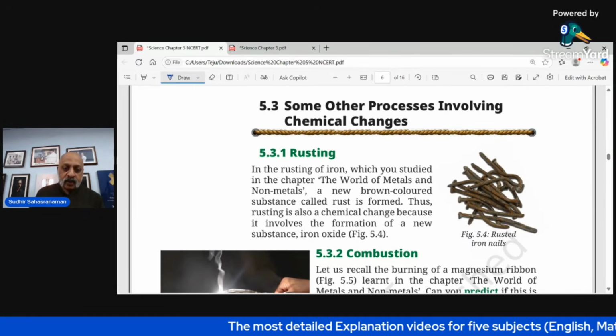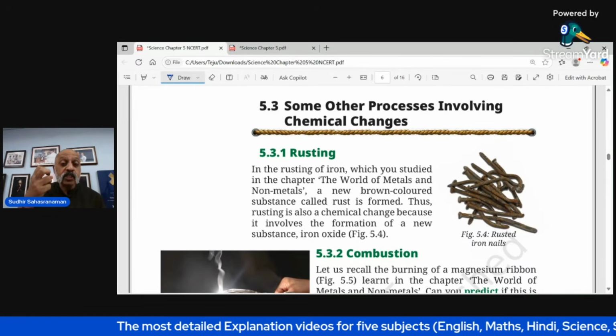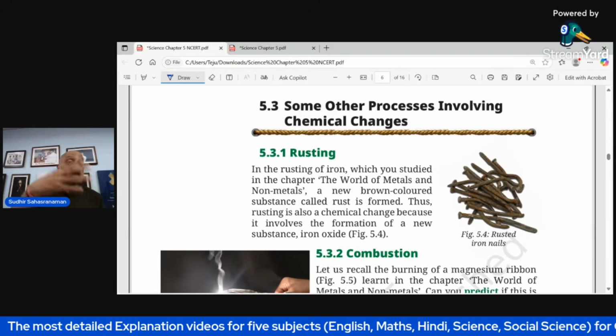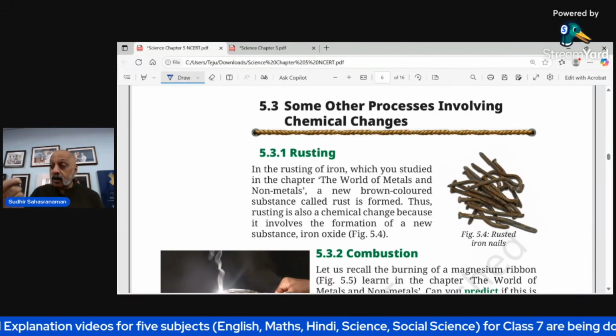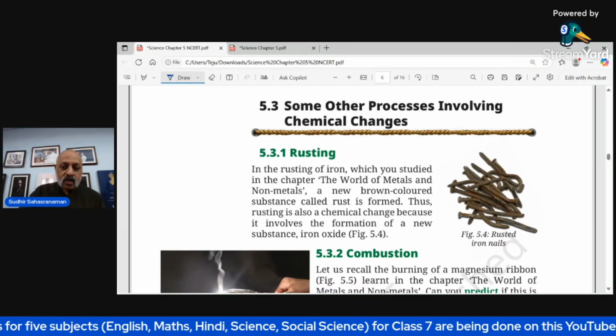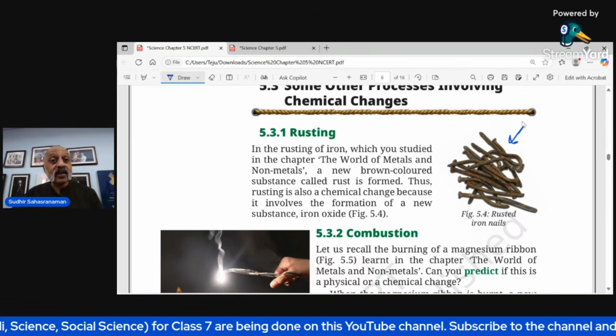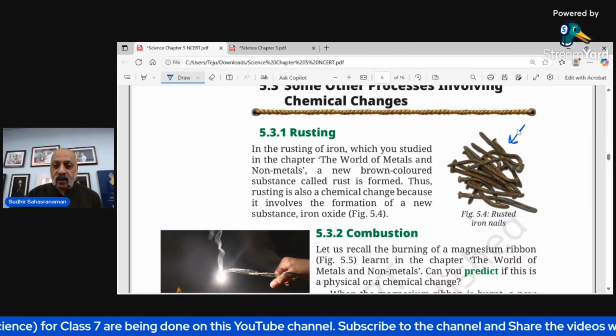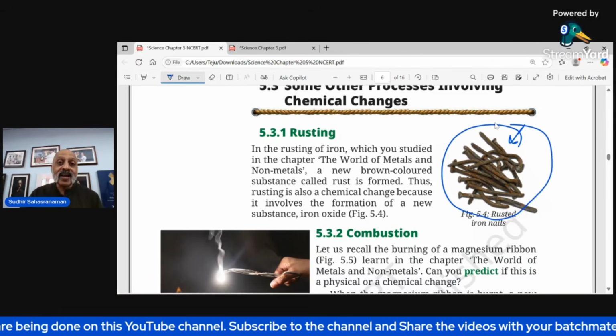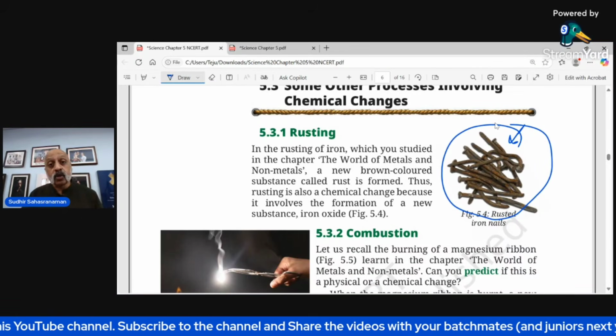I hope you remember that rust is formed, which is basically on iron. Corrosion is on other substances like silver or magnesium, etc. So these are the rusted nails. Like nails, if you leave it in a place where there is moisture and air, moisture in the air, there you will find the nails become dark brown deposit on the nails.